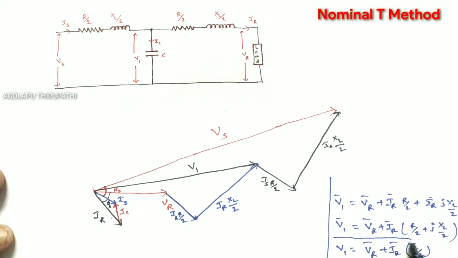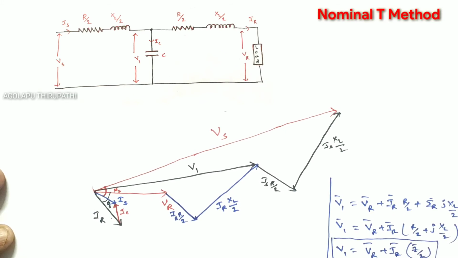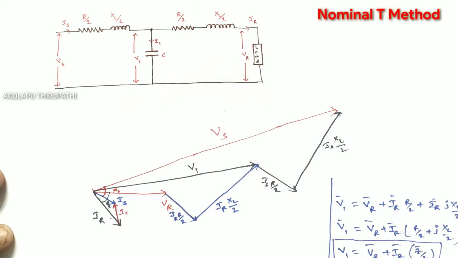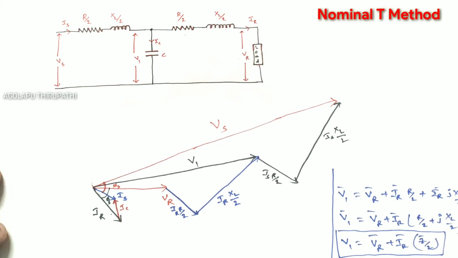Therefore V1 is equal to VR bar plus IR bar into Z by 2. This is the equation for V1.